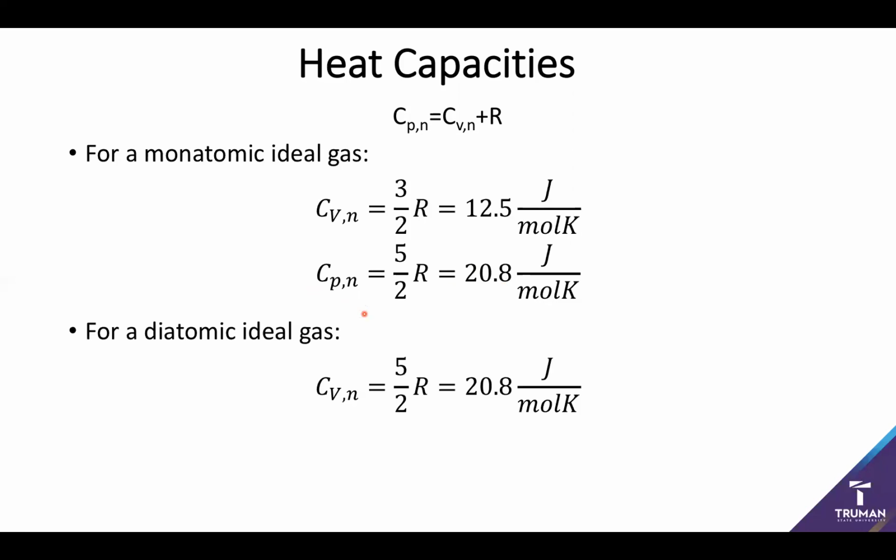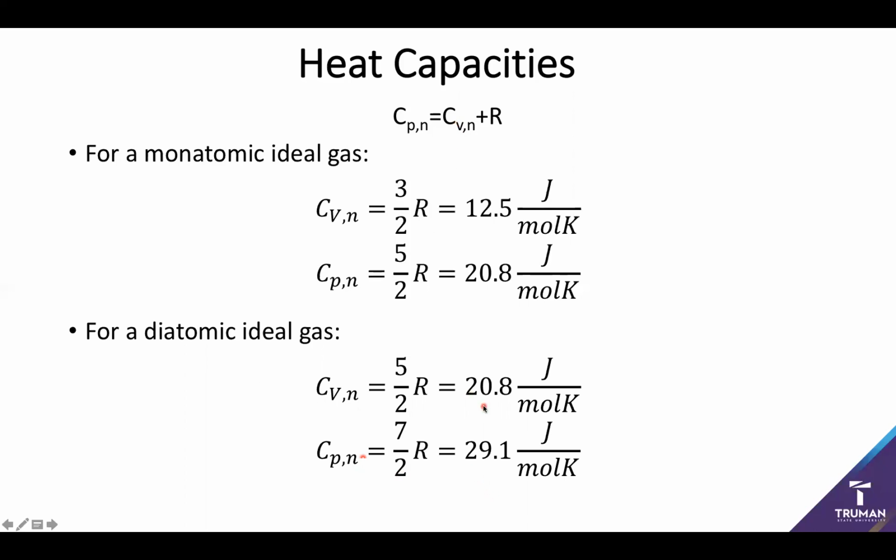We can also repeat this process for a diatomic ideal gas, where I have 5 degrees of freedom, 2 rotation and 3 translation, which gives me about 20 joules per mole Kelvin isochoric heat capacity. But as soon as I go to an isobaric system, I still have that extra R due to the expansion term.